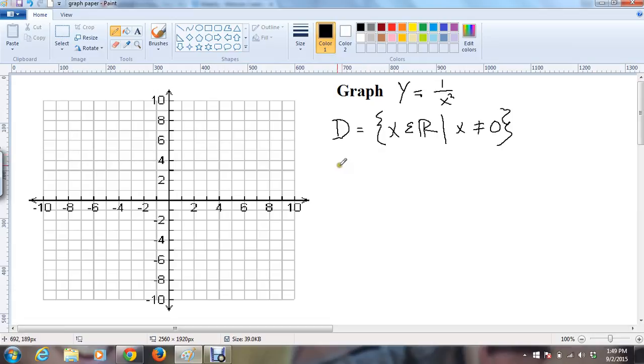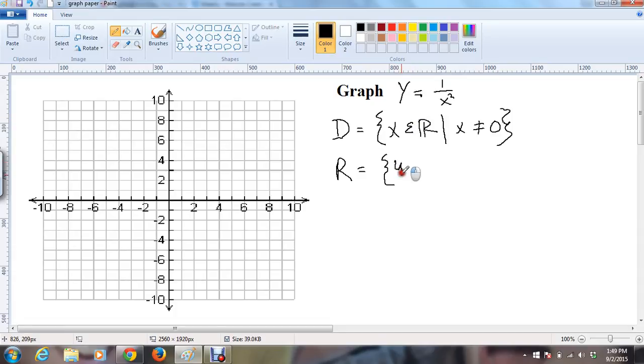Then for the range, we have to think about what happens when you square a number. When you square something, it always ends up being positive if we're in the real numbers. So y is always going to be positive. There's no way it can be anything but positive, and it also can't be 0, because there's nothing you could put in for x to get the value of 0 when you say 1 over x squared.